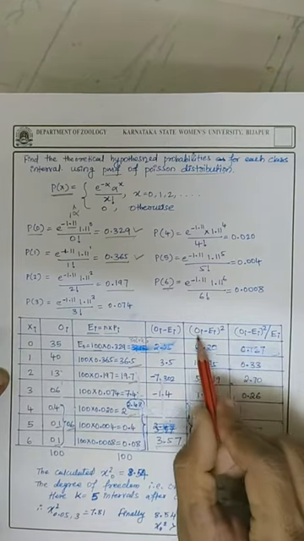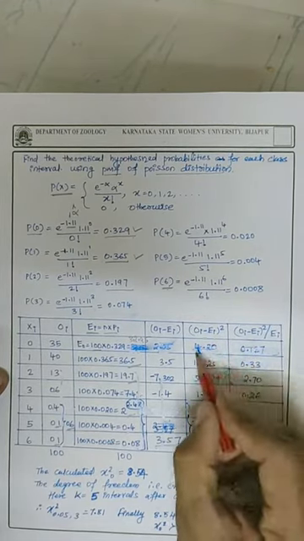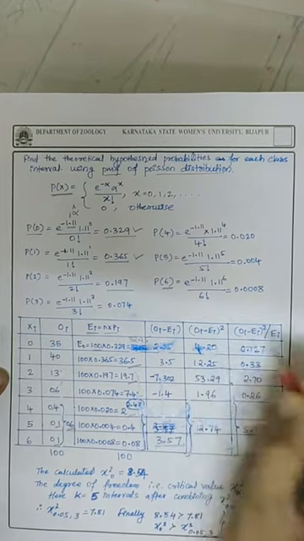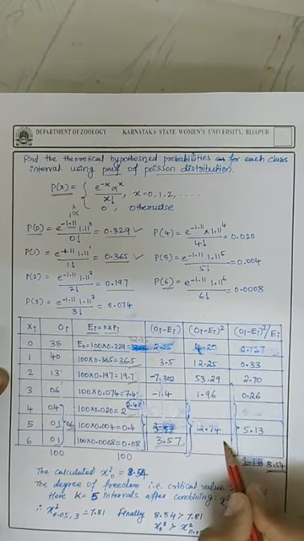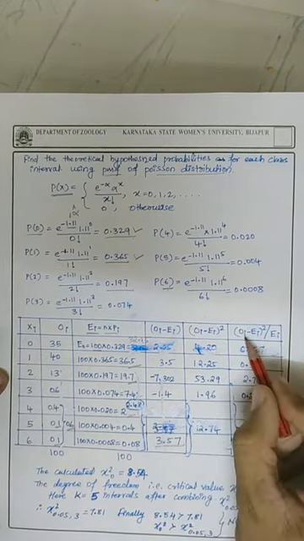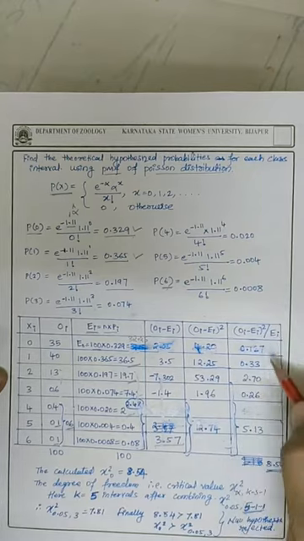Next we calculate oi minus ei bracket square, that is 4.20, 12.25, and so on. Once this is done, oi minus ei bracket square divided by ei is calculated.